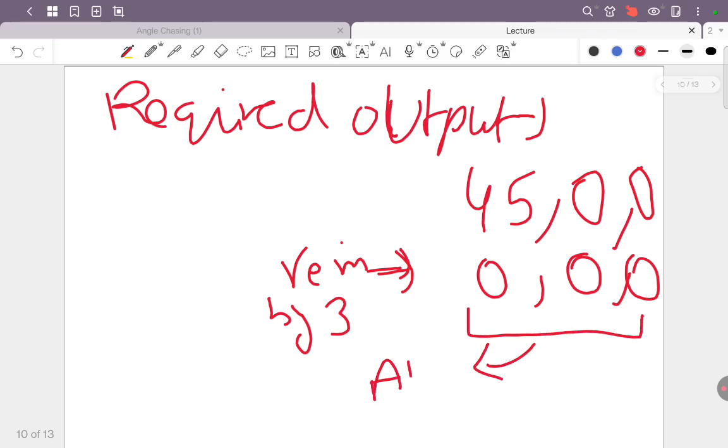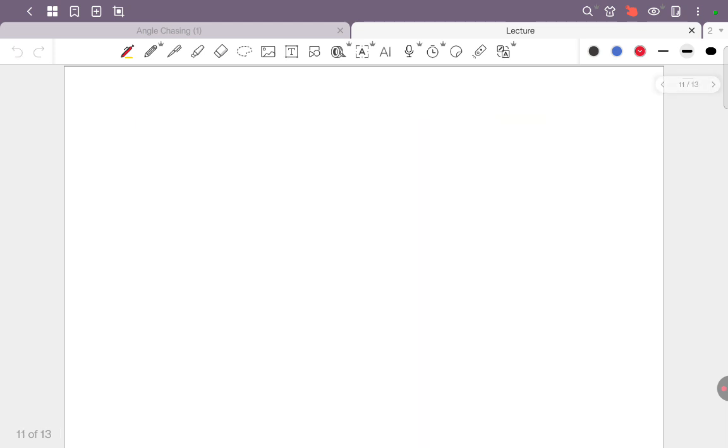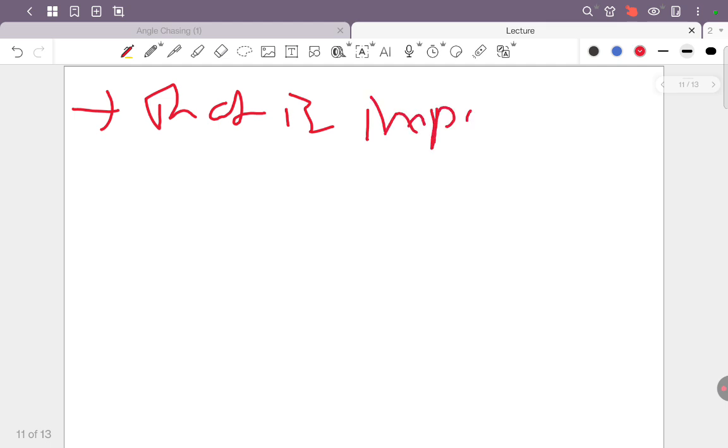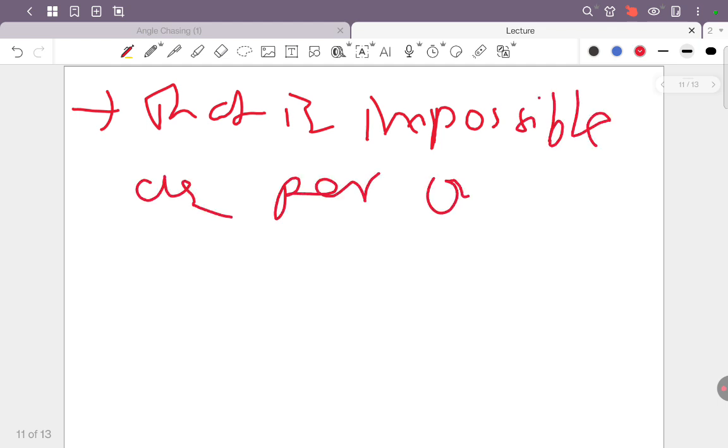All three are equal. That is impossible as per our observation.